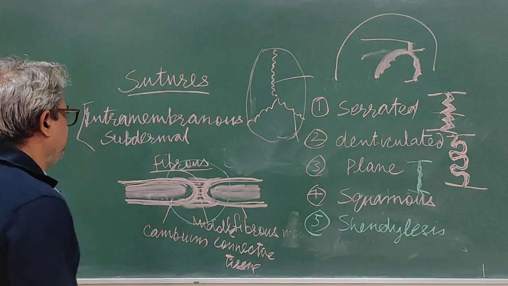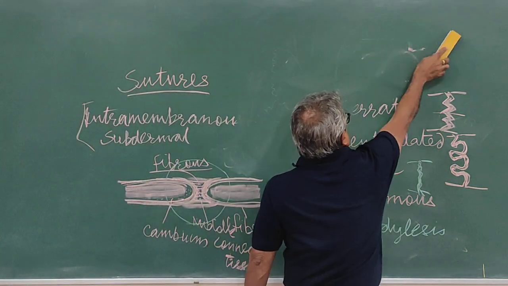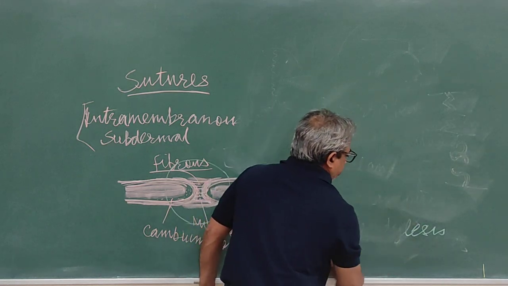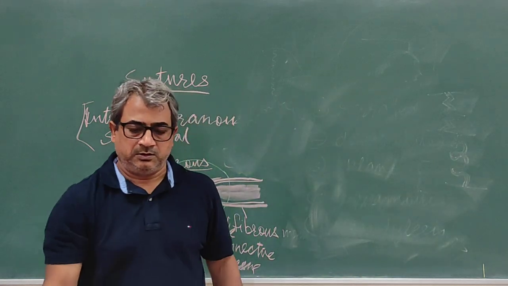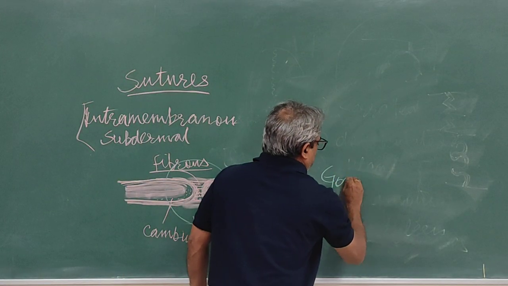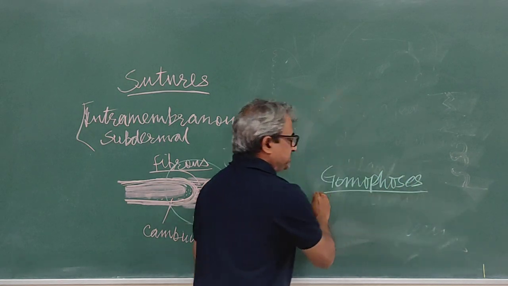Another variety of the fibrous joint is gomphosis, which I just explained.